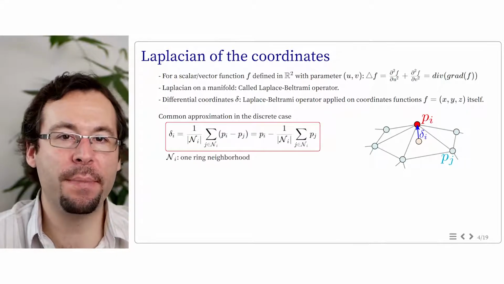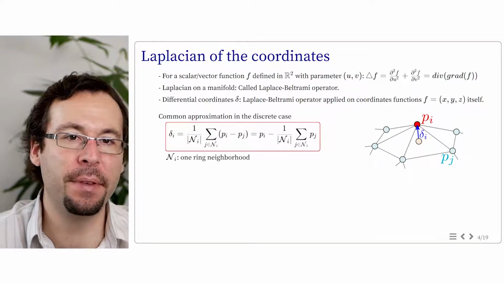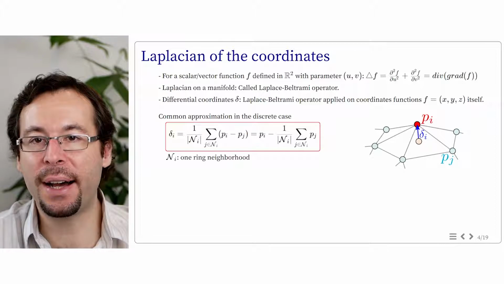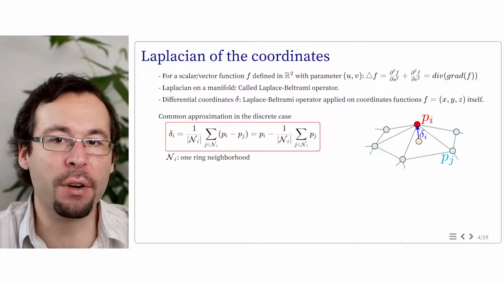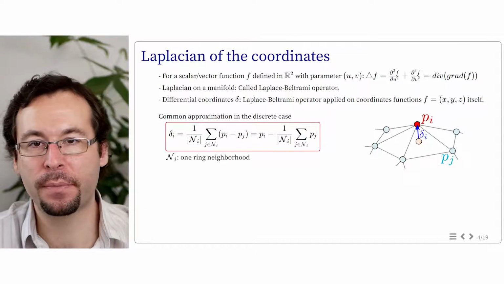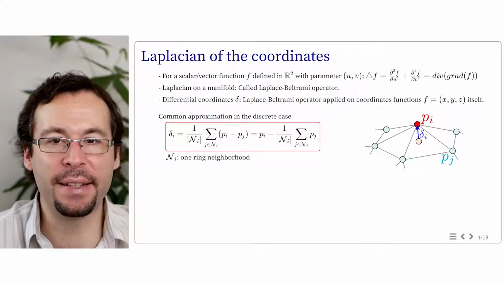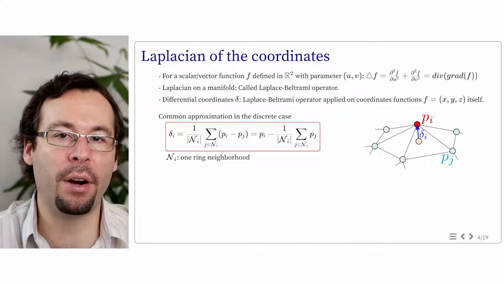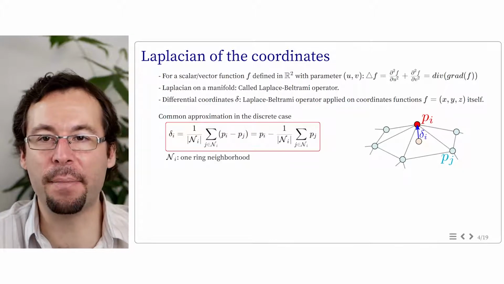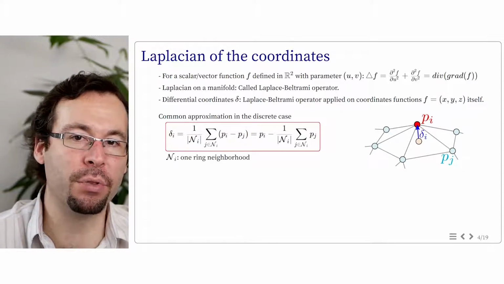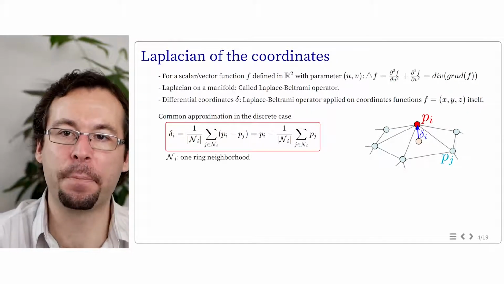Actually, a common approximation of the Laplacian coordinates in the discrete case on a triangulation can be very simple. If we call N_i the vertices that are directly around the point p_i, we call that the one ring, then delta_i of p_i is equal to 1 over the number of neighbors times the sum over j of p_i minus p_j, where j belongs to the one ring of the vertex i.